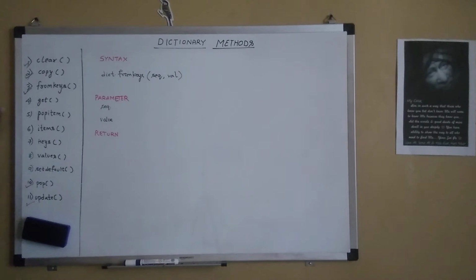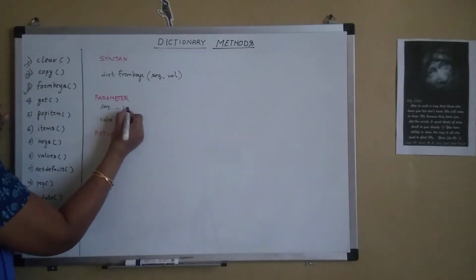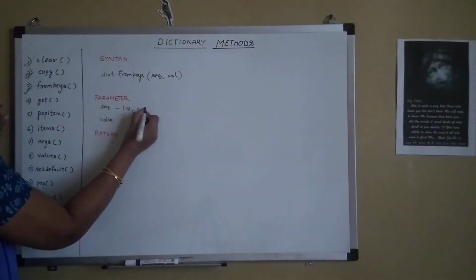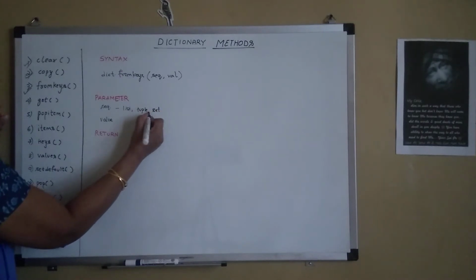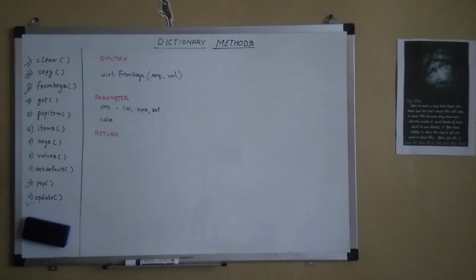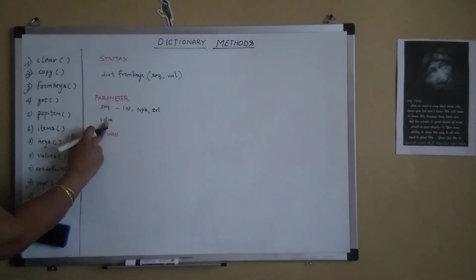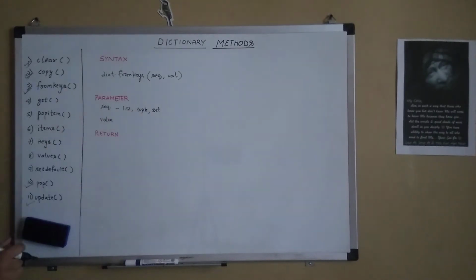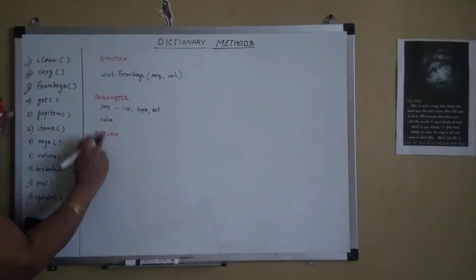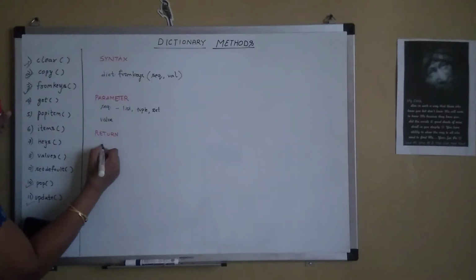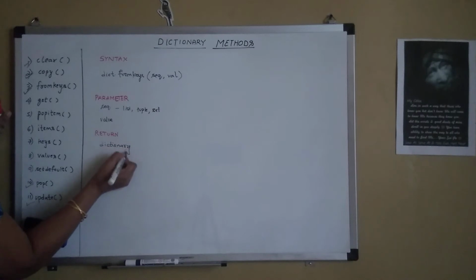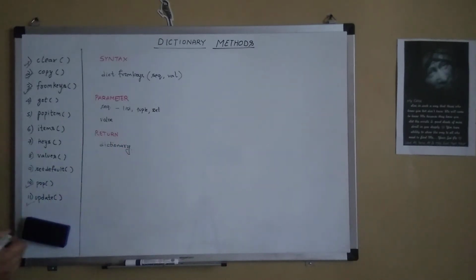Sequence can be in a list, tuple, or set format wherein we pass in the set of keys, and value is the value corresponding to each of these keys. And what does it return? Fromkeys returns a dictionary. It will create a dictionary and return that particular dictionary.